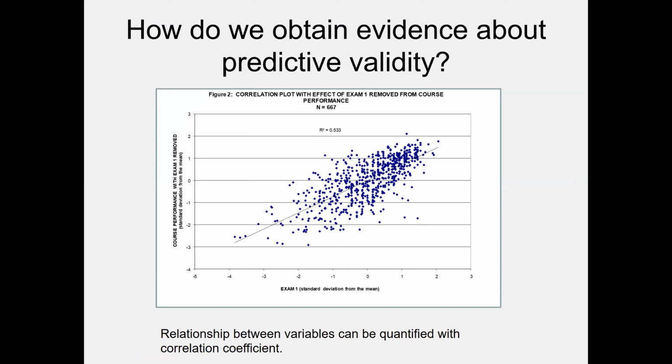We were not interested in screening them out. What we were interested in was preventing students from failing. So we were interested in the students who were failing the course and whether they could be predicted by failing the exam. So the people on the far left of the scatter plot.